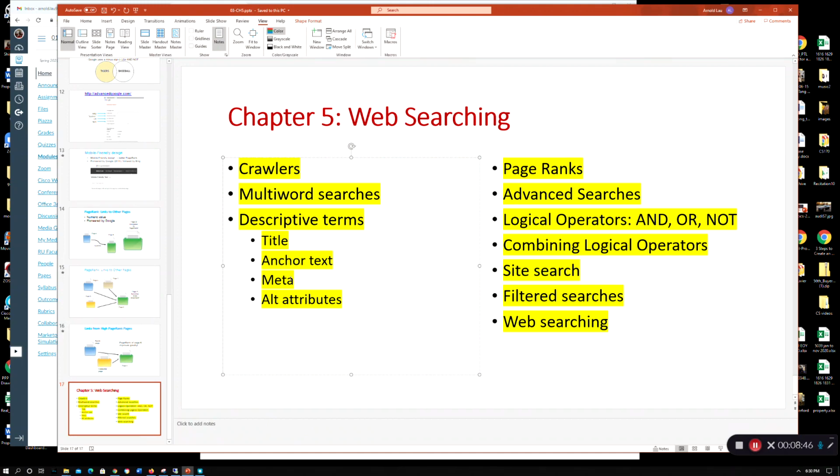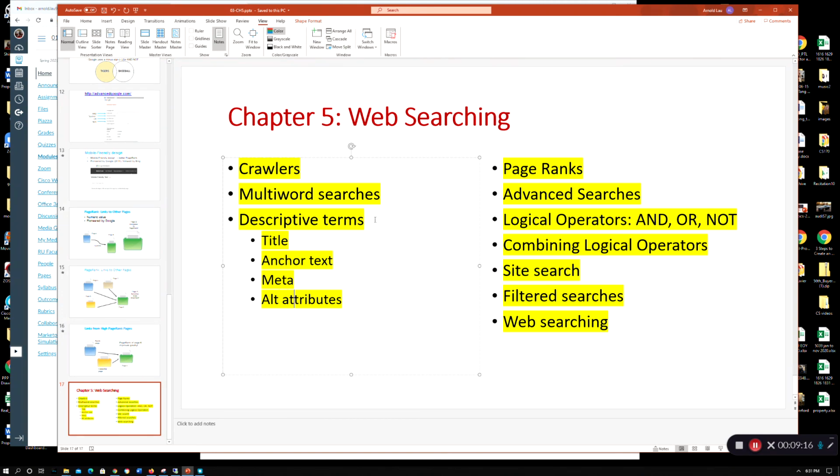Multi-word searches, that's the one where we're using the and, or, and the not. So understand how that works, and how to translate that into a Venn diagram. Remember the crawlers are used by the search engines to go through all your pages and pull out stuff like this, among other things, to help index your page.